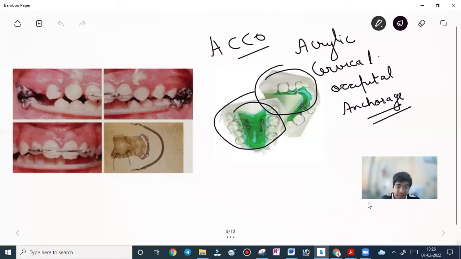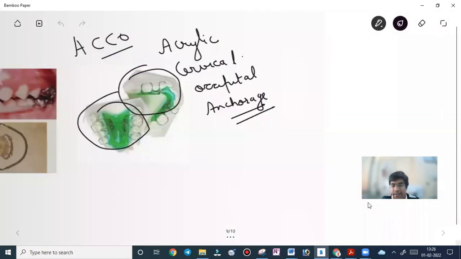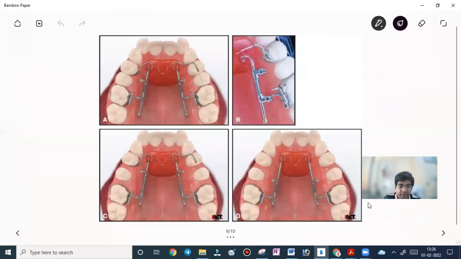Other appliances that we can use is molar distalization with magnets. Magnets were introduced in orthodontics to generate force, field, and bioeffect.